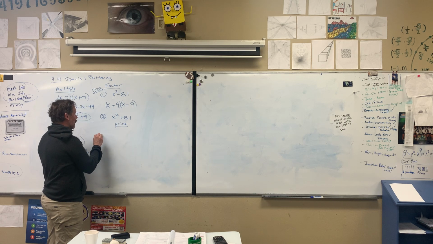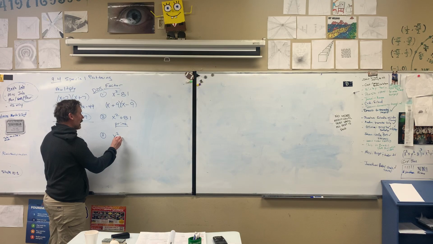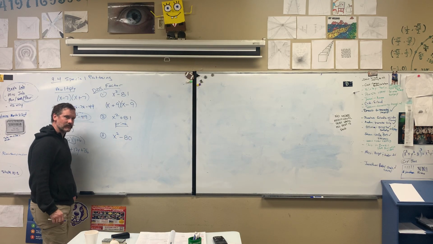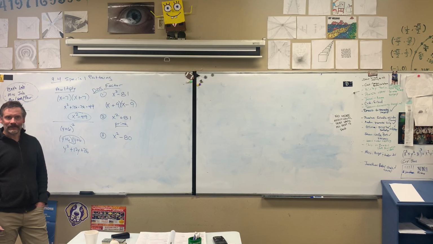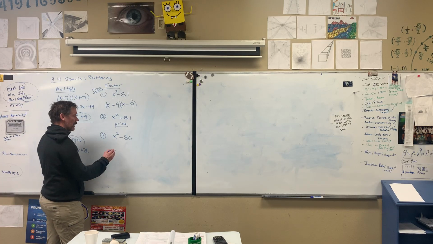Okay. Now, number 3 here. Let's do x squared minus, pick a number like this, 80. Is 80 a perfect square? No. So what would we write? Prime.